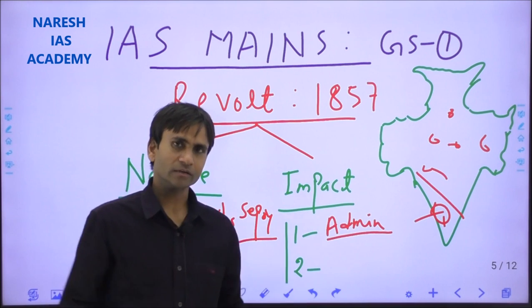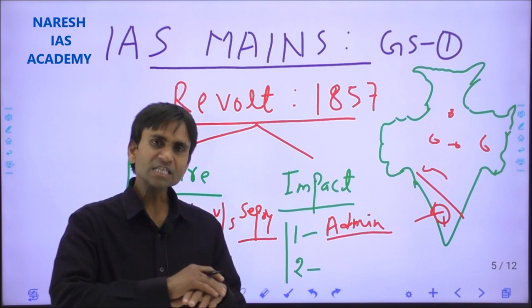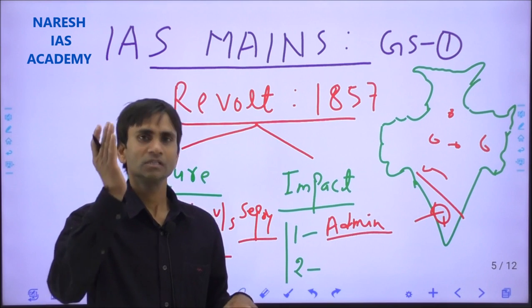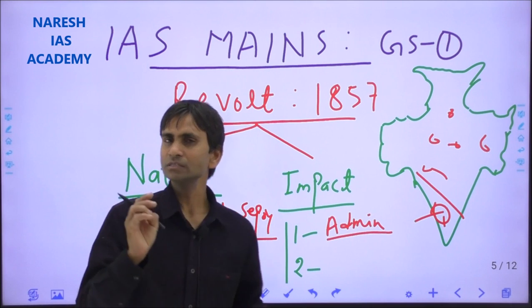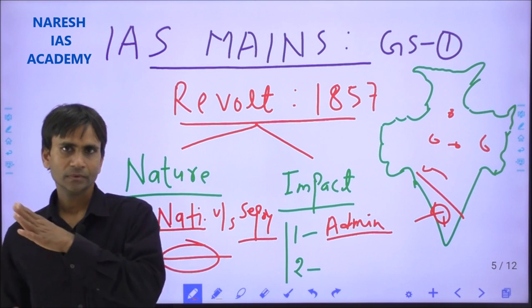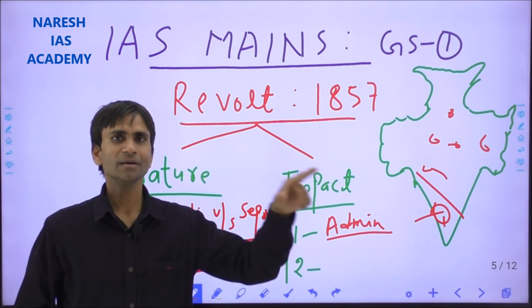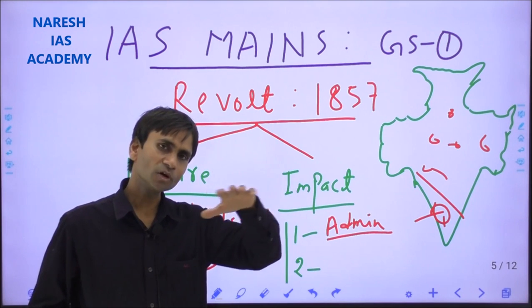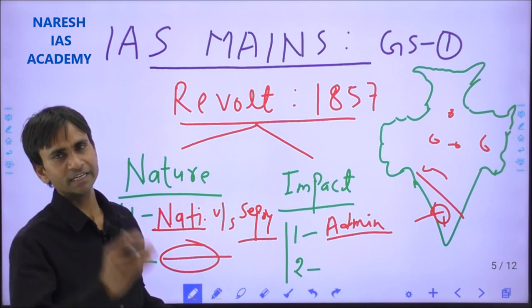Next, the structure of the Indian administration, which was managed by the East India Company, now shifted to an India Office. The diarchy rule was abolished and one India Office was established at London, presided over by a Secretary of State for India.